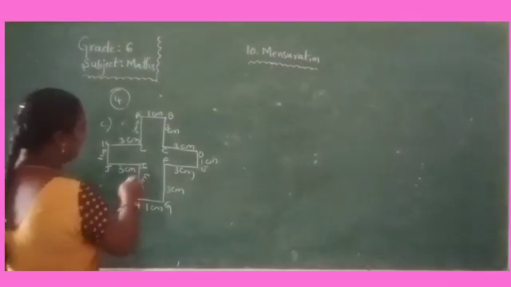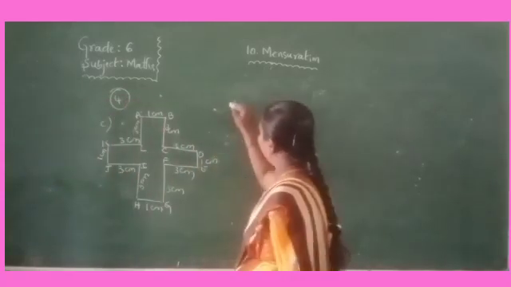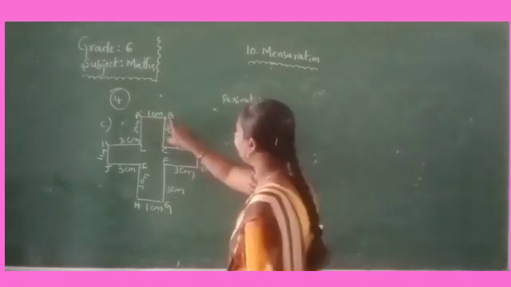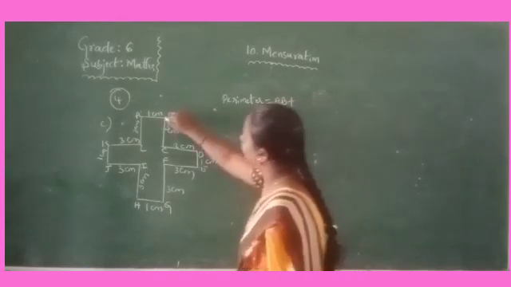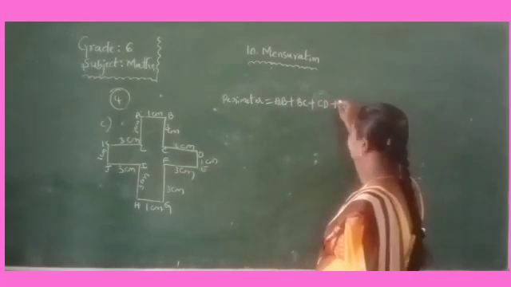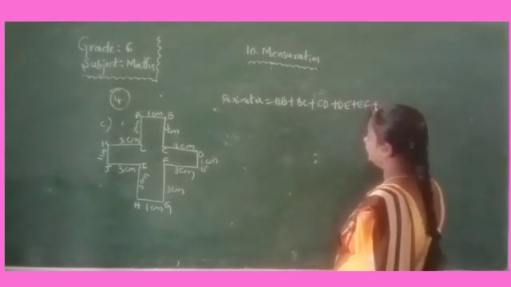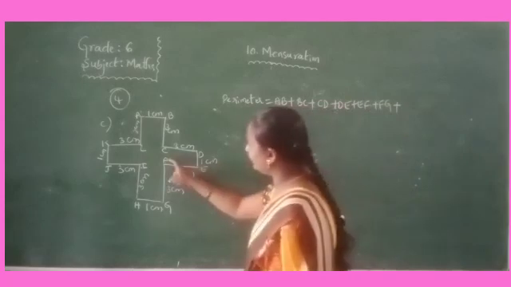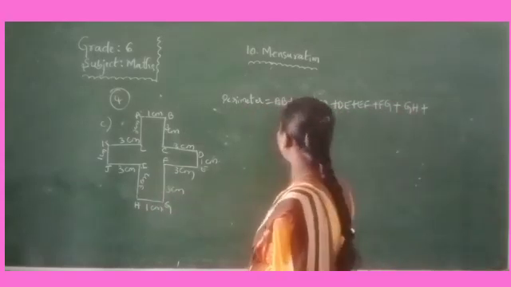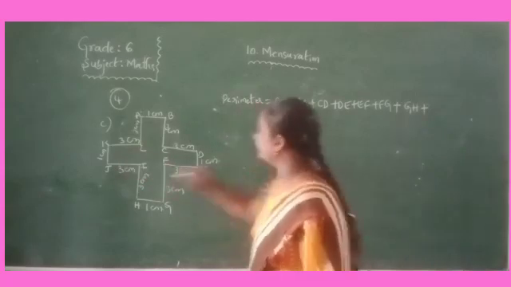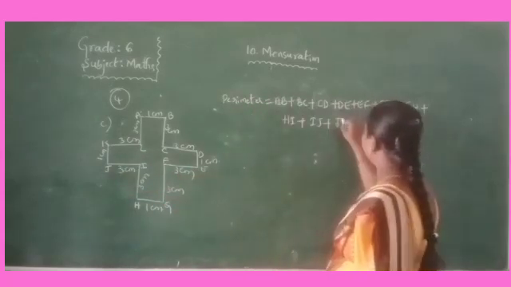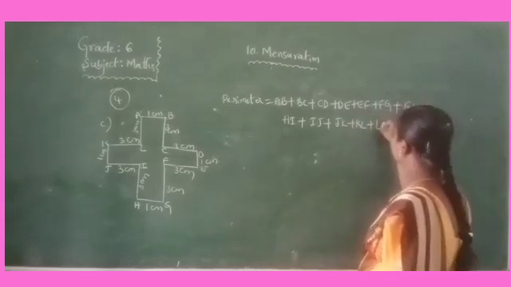Now we have to find the perimeter of this figure. So write perimeter is equal to, first write AB plus BC, next CD, DE, EF, FG, GH plus HI, after that IJ, next JK, next KL, next LA.